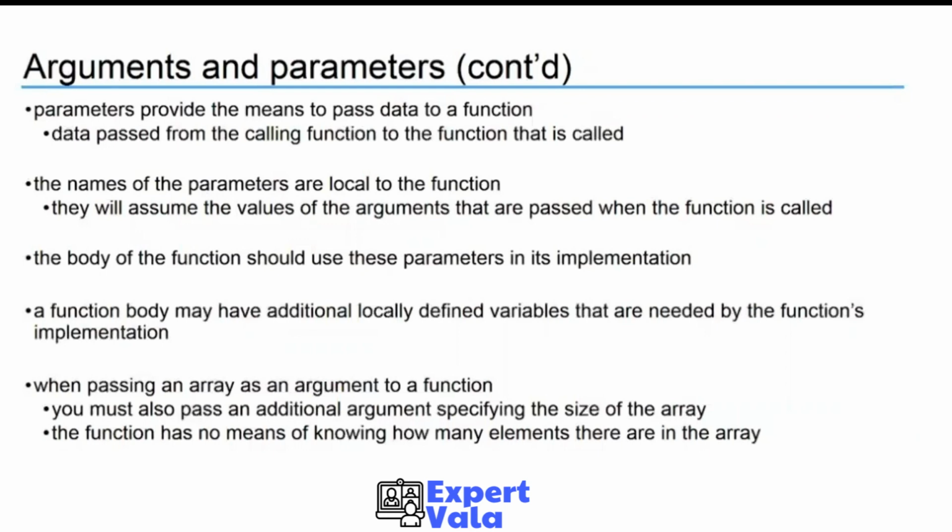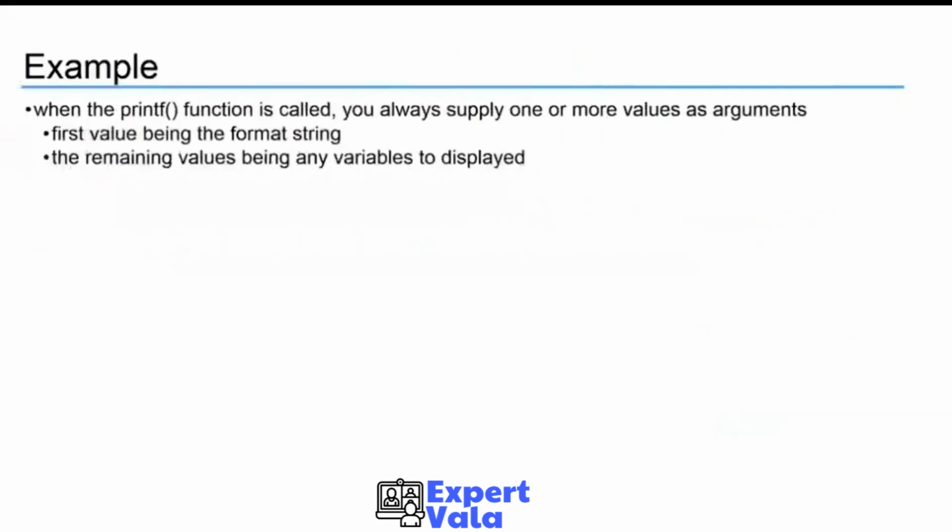If you are going to use that array inside the function body, you are probably going to need to know how big it is, because you are going to need to either iterate through it using a loop or access elements. And if you access elements or iterate through it, you need to know when you are out of bounds. We have talked about out of bounds and why that's important.